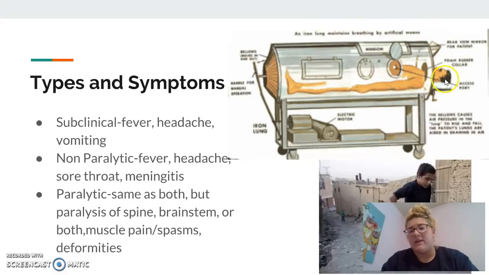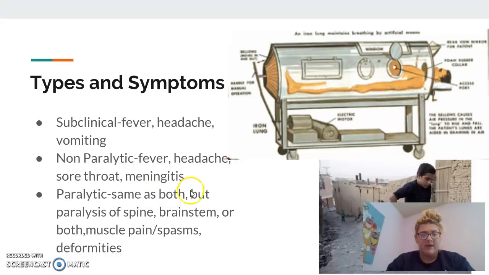So they put the whole body in there and hook them up to this iron lung, which is not in use today. We've made big movements on the medical front to where this iron lung is no longer really needed. They have better respiratory help.